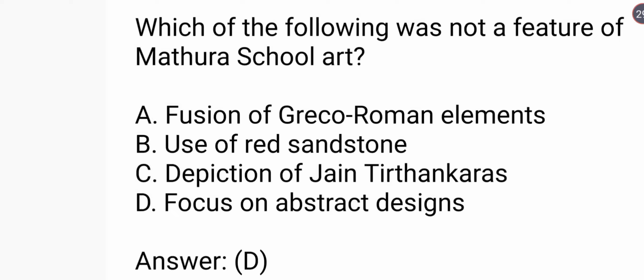The fashion of Roman element, use of red sandstone, Jain Tirthankara, or focus on abstract design. Yes, focus on abstract design is correct. Most of the time they used sculpture of Jain Tirthankaras or Buddhism, and Yaksha and Yakshini, but they were not focused on abstract design.